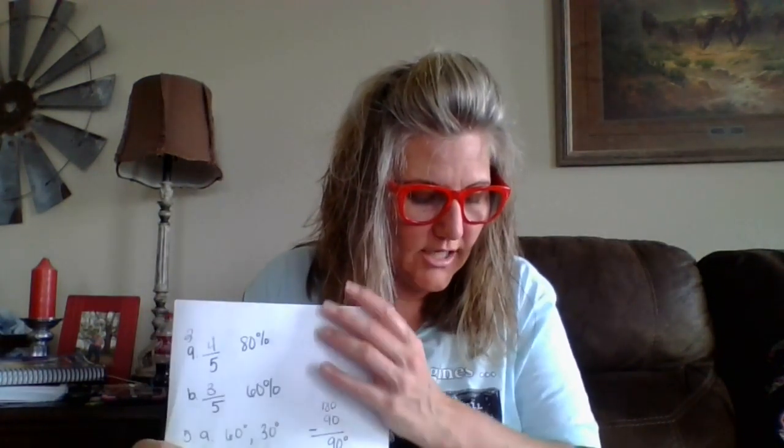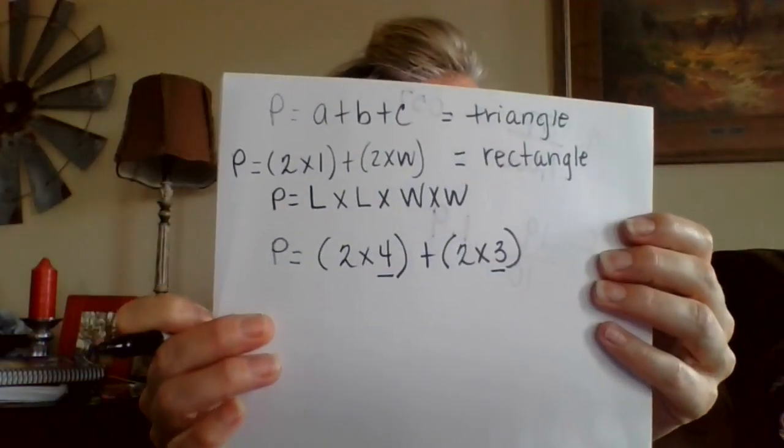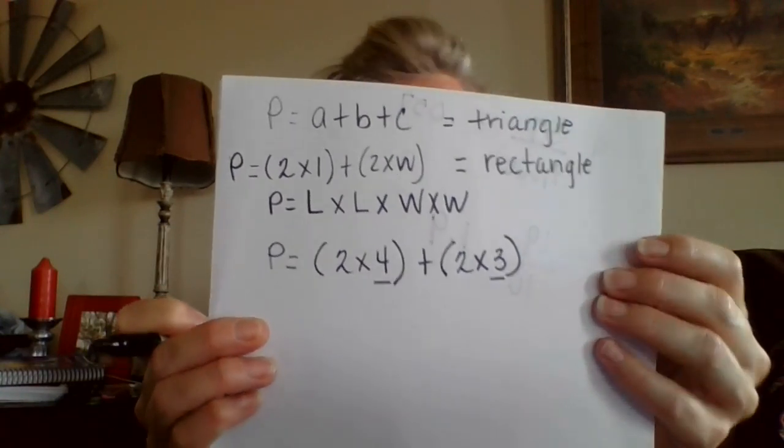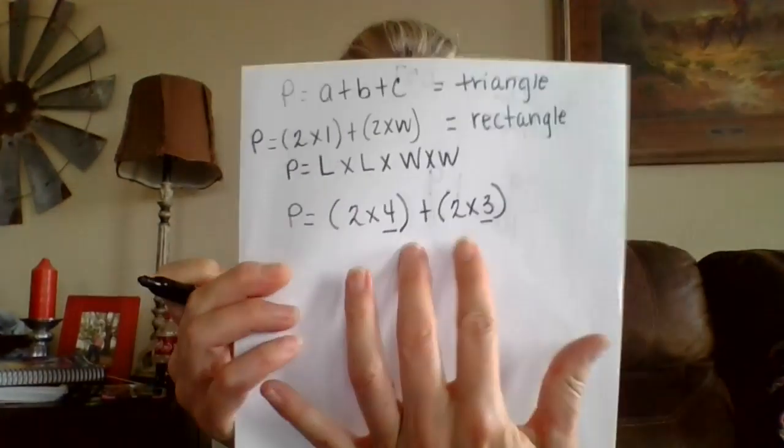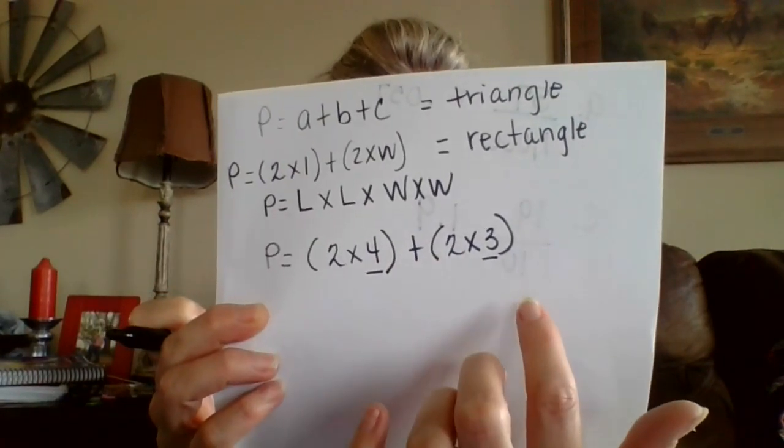So if you look at the example they gave you, you have your length as 4 and your width as 3. So you would come over here and go P equals 2 times your length is 4, plus 2 times your width was 3. Do you see that? I plugged in what the length measure was and the width measure.